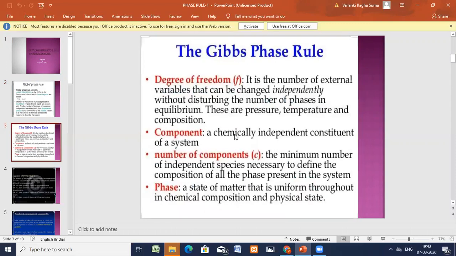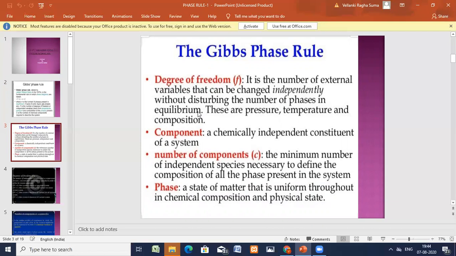The terms involved in the phase rule are, first, degrees of freedom, F. It is the number of external variables that can be changed independently without disturbing the number of phases in equilibrium. For example, take water: ice is the solid form, water is the liquid form, and water vapor is the gaseous form.